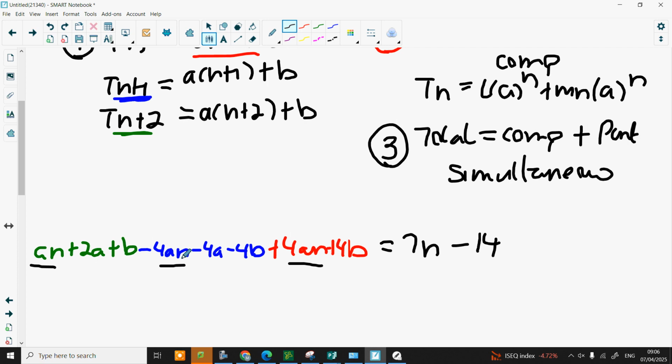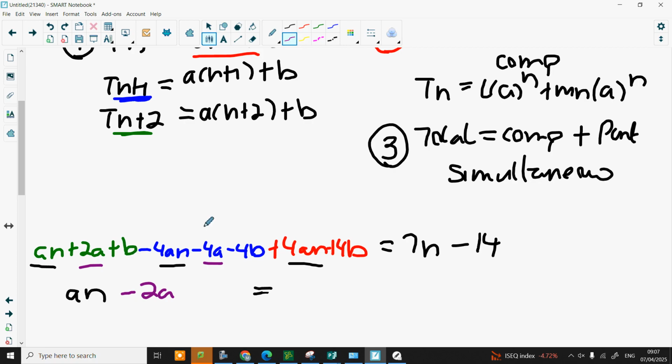Anybody verifying that? Yeah, so I have an on the left. Now, how many a's do I have? 2a minus 4a. Oh, that's it, isn't it? Plus 2n minus 4a, which is minus 2a.